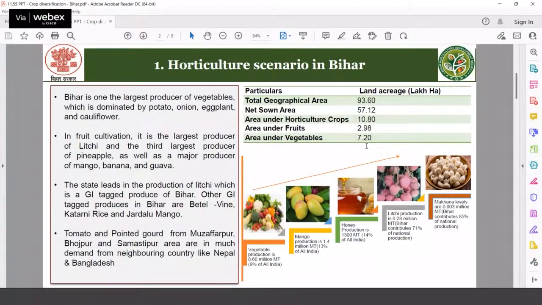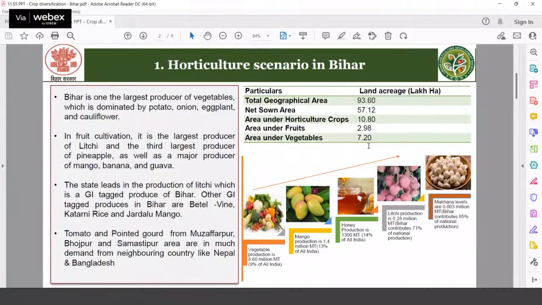As everyone has very well discussed, horticulture is in fact a very important option for crop diversification. And as everyone is well aware, Bihar enjoys a very good position in terms of production, in cereals also. But even in horticulture, it is one of the largest producers of vegetables.